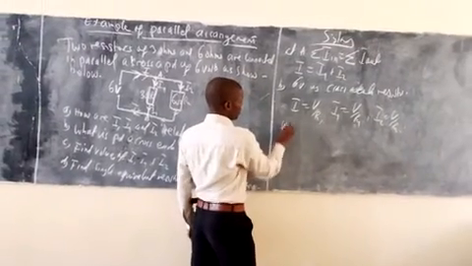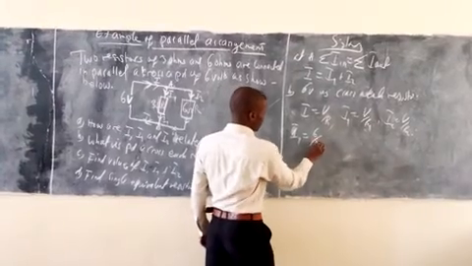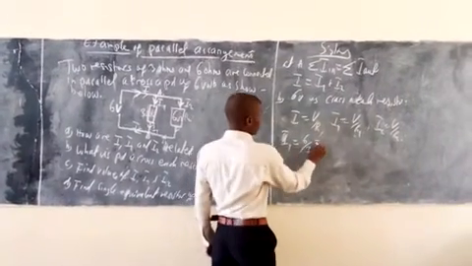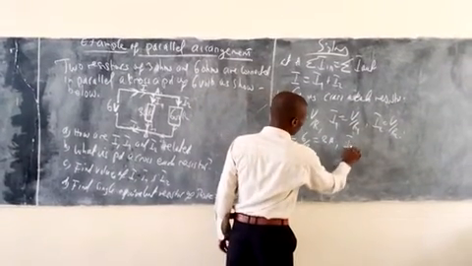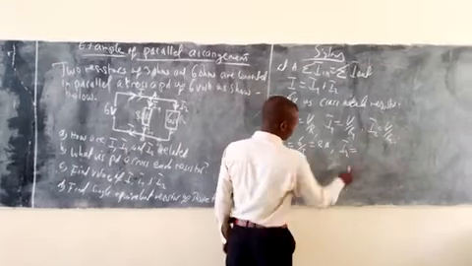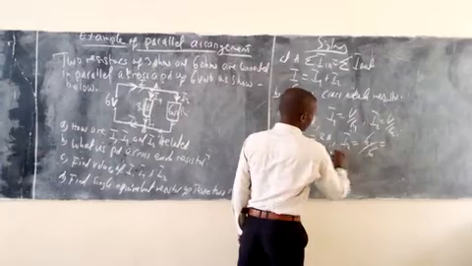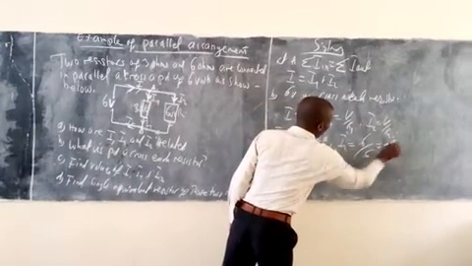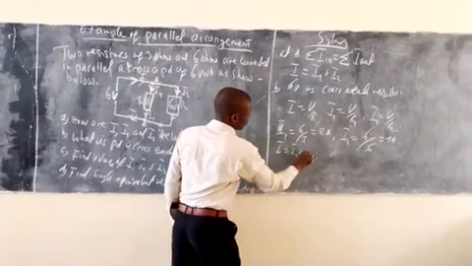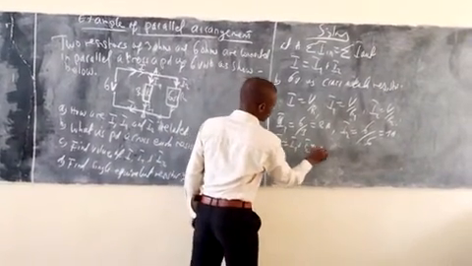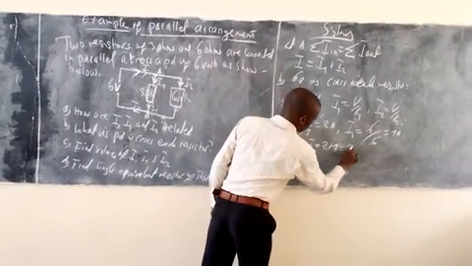So I1 will be equal to 6 divided by 3, which is 2 ampere, while I2 will be equal to 6 divided by 6, which is 1 ampere. Then I will be equal to I1 plus I2, which is 2 plus 1, which is 3 ampere.